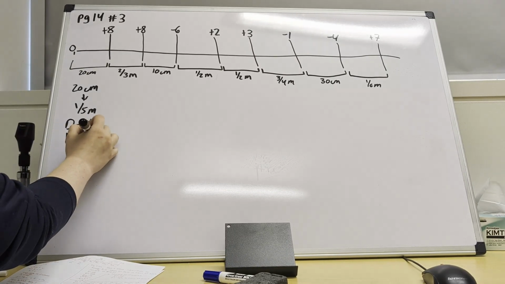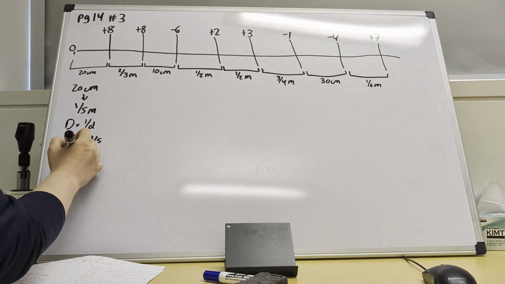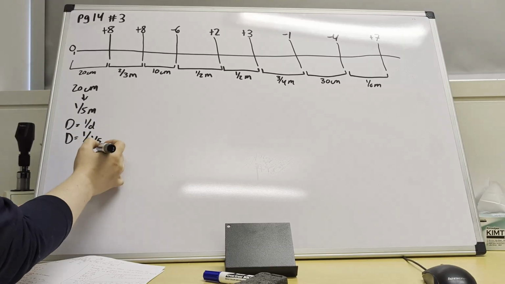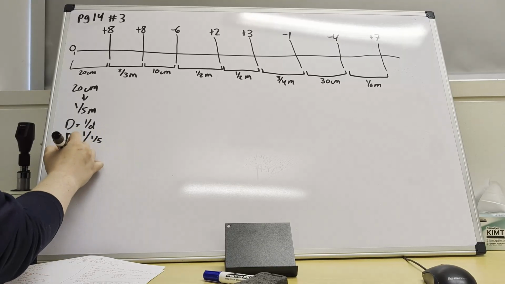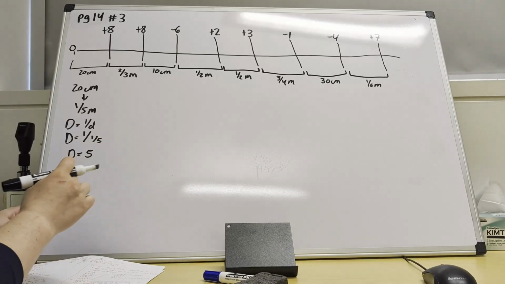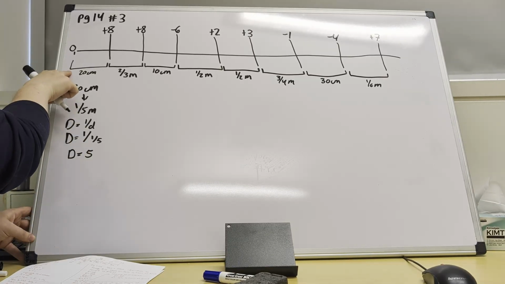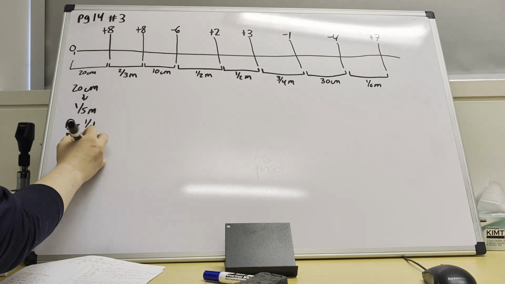Diopters equals 1/(1/5), and then when we find the reciprocal of this, it just simplifies down to 5. And is our 5 positive or negative? It is going to be negative because our object is in front of our lens.